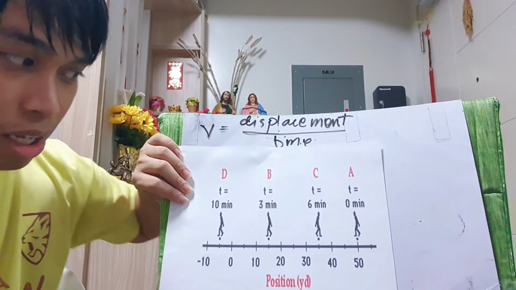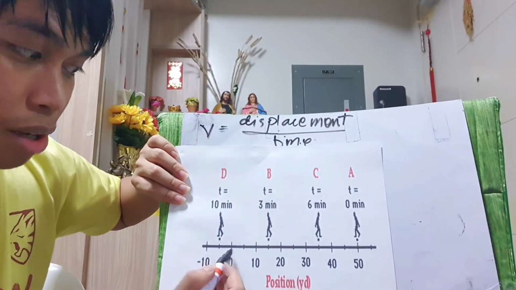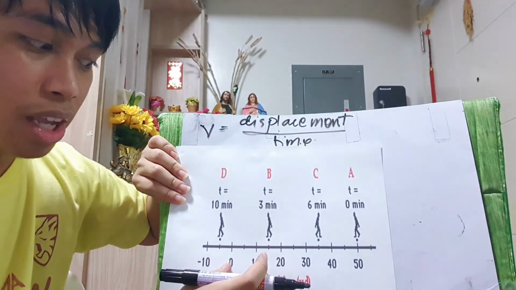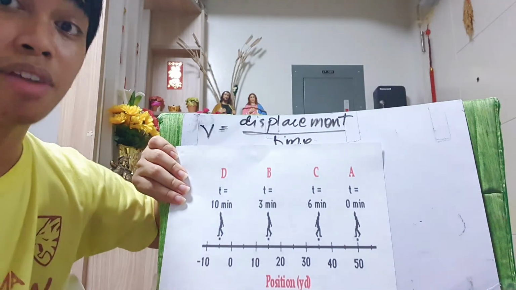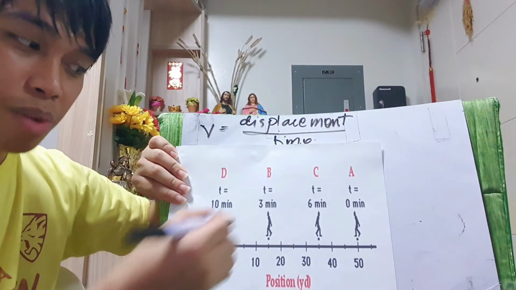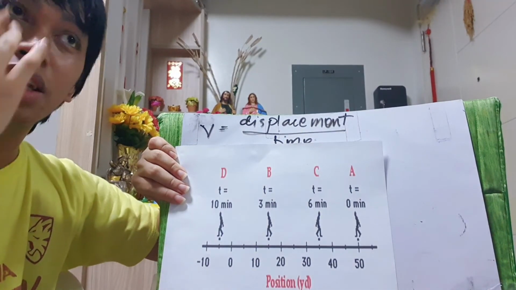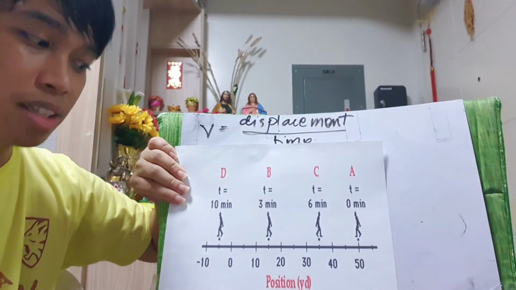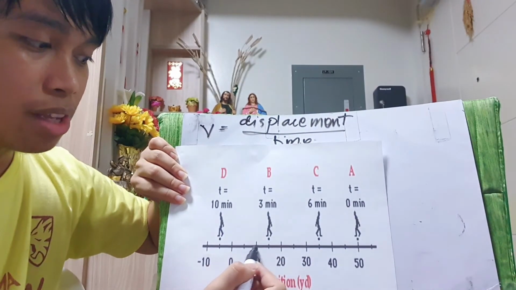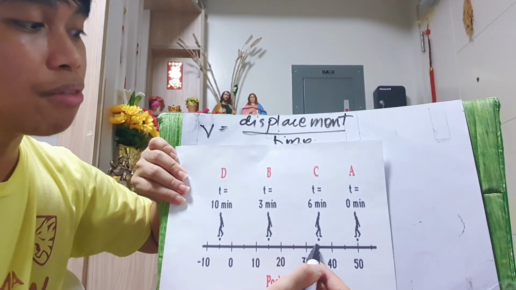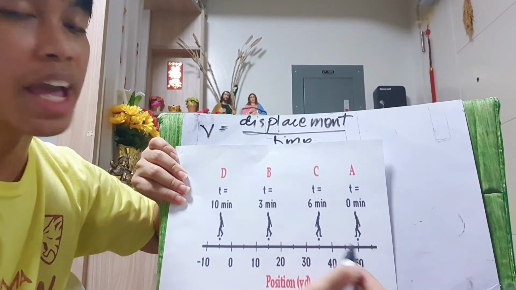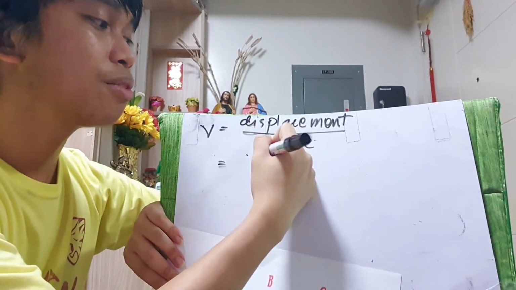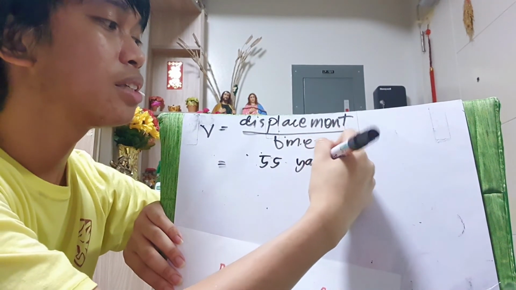From the origin going to this point, we have 10 yards, so half of it is 5 yards. Therefore, one line is represented by 5 yards. Let us count: 5, 10, 15, 20, 25, 30, 35, 40, 45, 50, and 55. So the displacement is equivalent to 55 yards.